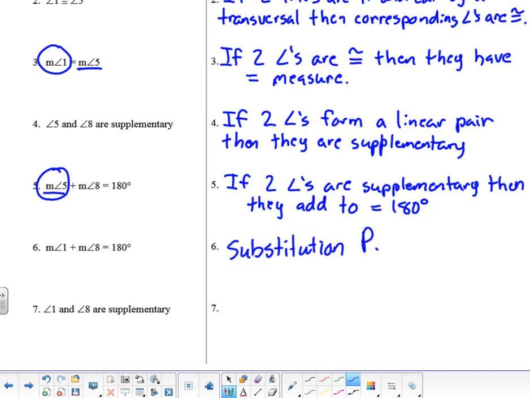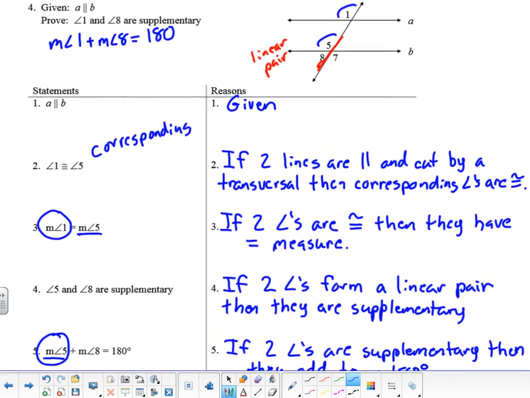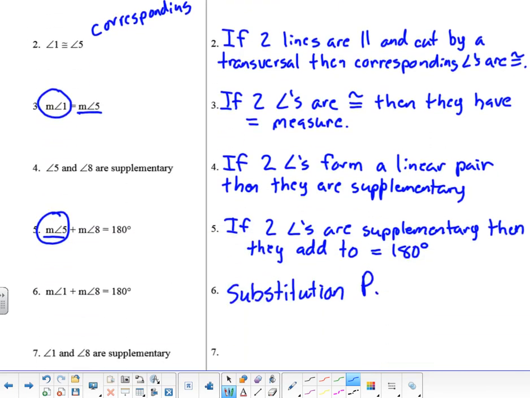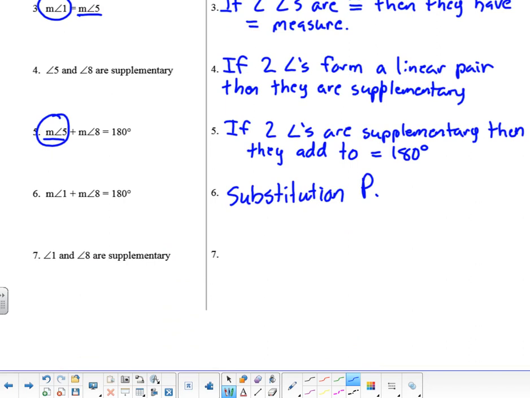Now, the last statement is always the thing we're trying to prove. So we're trying to prove that angle 1 and angle 8 are supplementary, and we know that if they add up to equal 180, then they're supplementary. So the last statement is always the thing we're trying to prove.